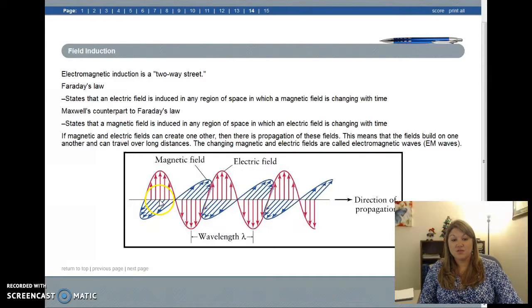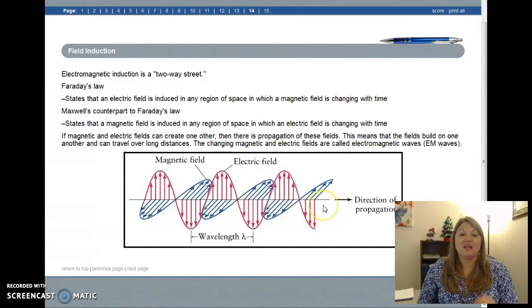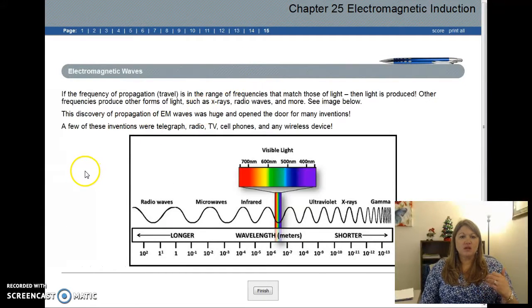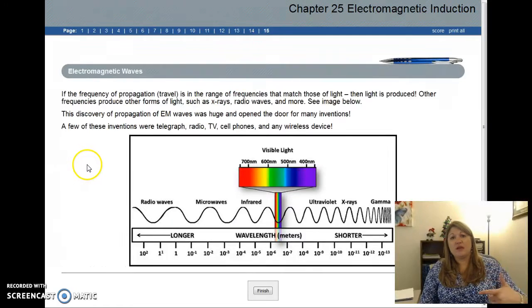A changing electric field creates a changing magnetic field, which creates another electric field, another magnetic field, and so on and so forth. And we've got propagation. We've got an electromagnetic wave that can travel. Brilliant. It created the telegraph, then the radio, then the TV, then cell phones, then satellites.